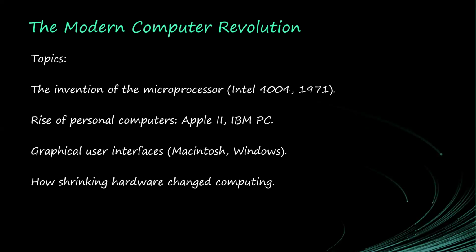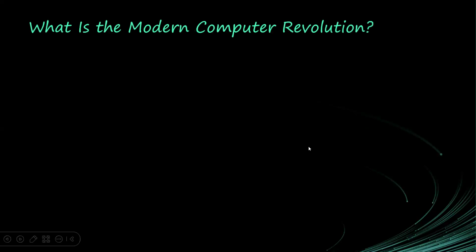We look at the Macintosh and Windows operating system. They gave rise to being able to use a mouse and click something on your user interface. So computers were just growing, and we'll look at how shrinking hardware changed computing. We are going to take a look at most of these things.